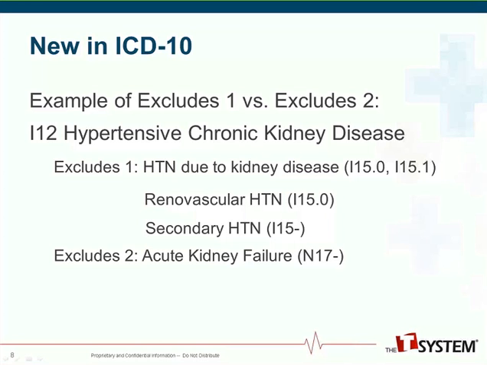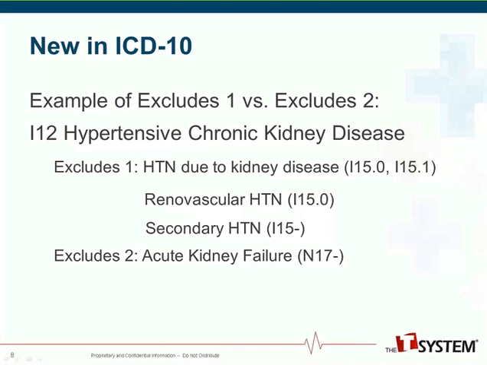Now, in the Excludes 2 list is acute kidney failure, and this is a perfect example of how to understand what Excludes 2 means. You can have hypertensive chronic kidney disease. That means you've got chronic kidney disease, but on top of that, your patient could present with acute kidney failure.